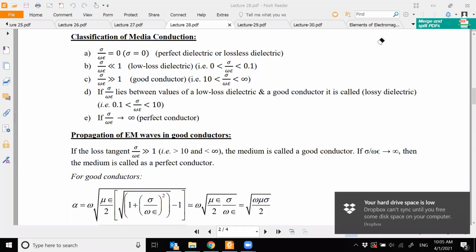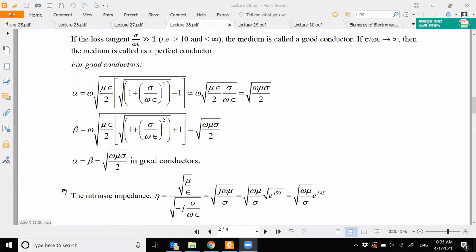Taking this idea, we were now looking at our alpha and our beta expressions. These are the assumptions we are making. First, this term has sigma over omega epsilon, so this term is very much greater than 1.